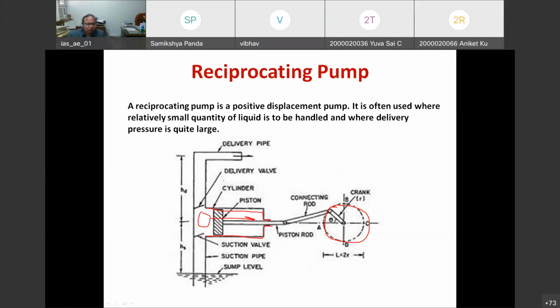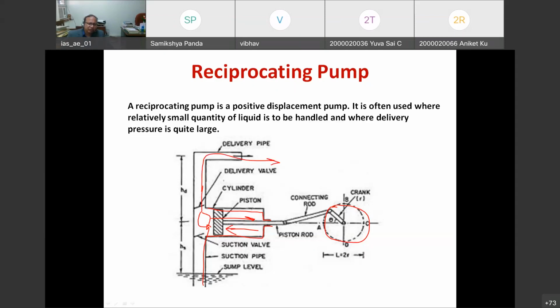So this suction valve is open, and water from the sump will enter this chamber. Then if it goes in this direction, this valve will be closed and this valve will be open, and whatever water is available in this chamber of the cylinder will go out through the delivery pipe. So this is the system.